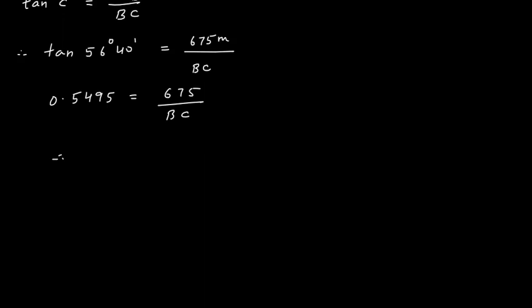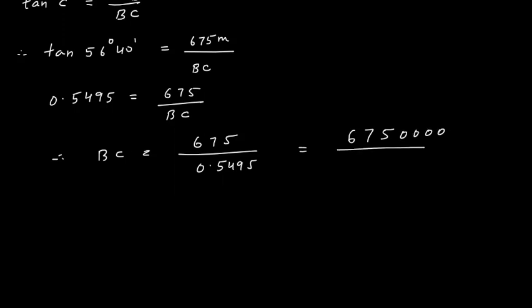So therefore the value of BC is equal to 675 divided by 0.5495. Actually, you multiply and divide by 10,000, so 4 zeros here, and the denominator will become 5495.